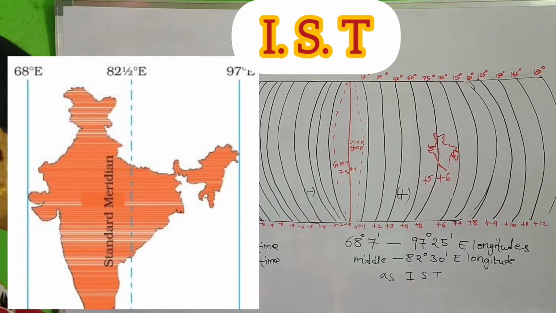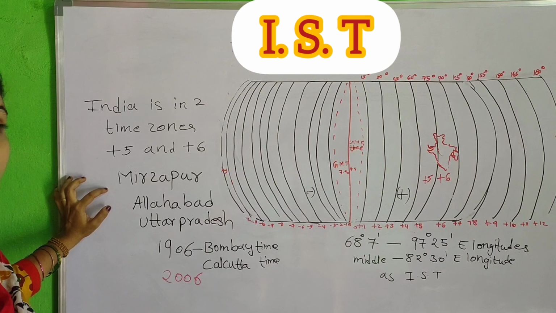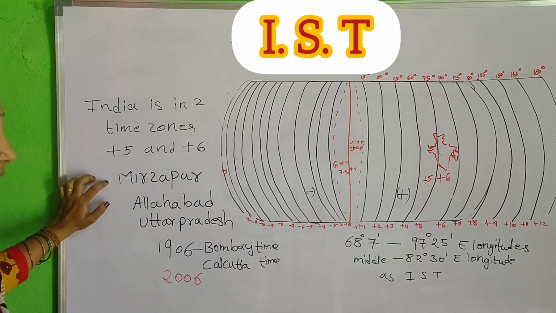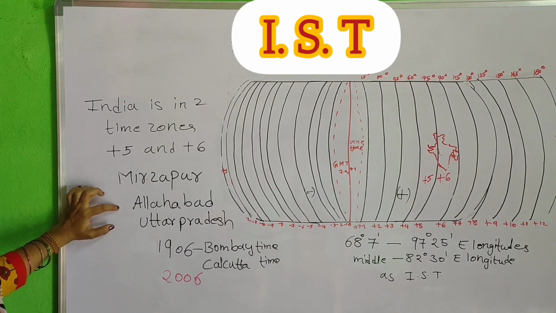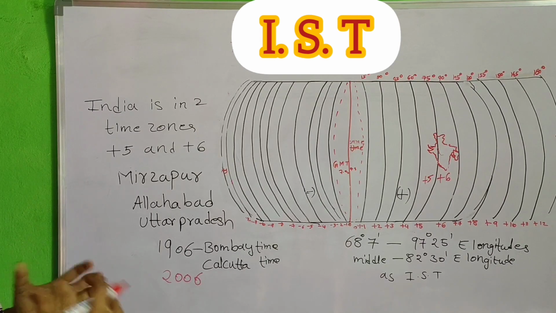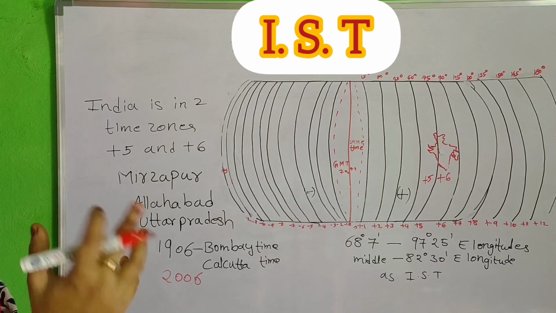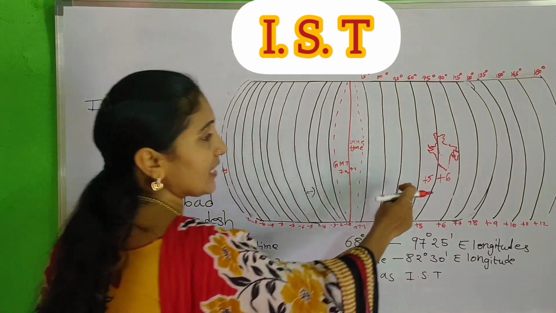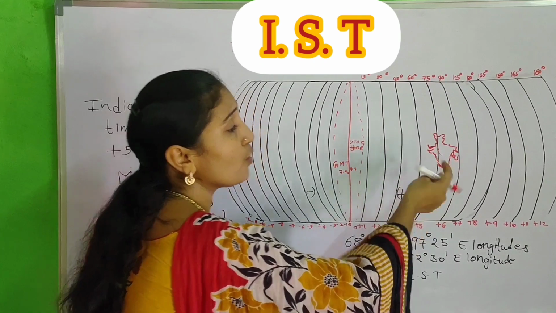So where does it actually pass? It passes through Mirzapur, which is located in Allahabad of Uttar Pradesh. Before 1906, there were 2 different time zones, because already we have discussed +5 and +6, 2 zones.